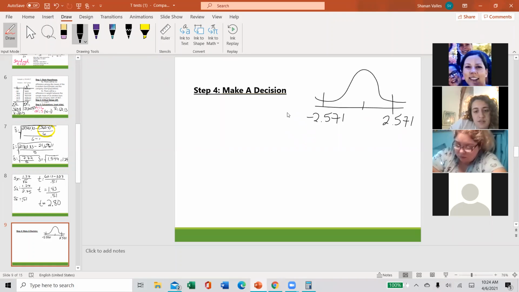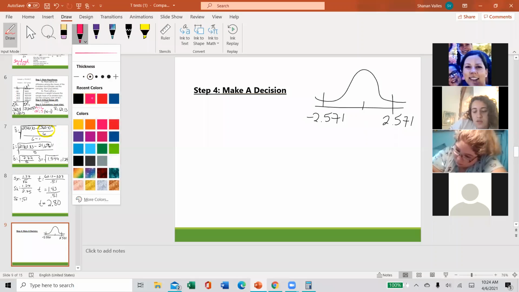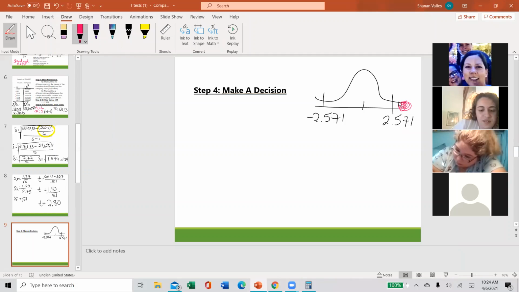It's not negative, so it's not on this end. It's over here somewhere. Drum roll. So 2.8 would be somewhere right here. It really doesn't matter, we're just drawing it for fun.